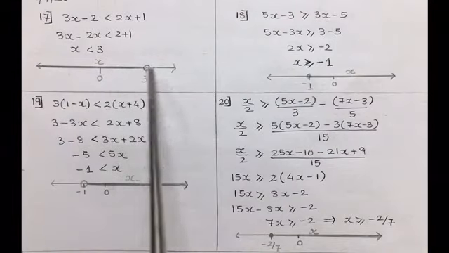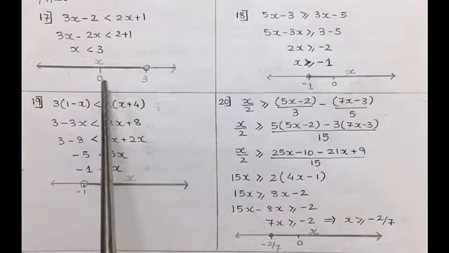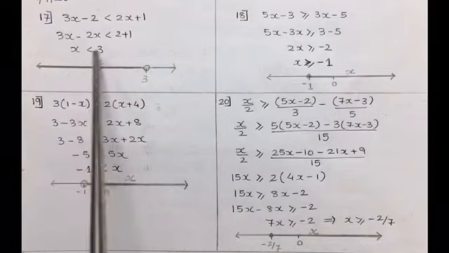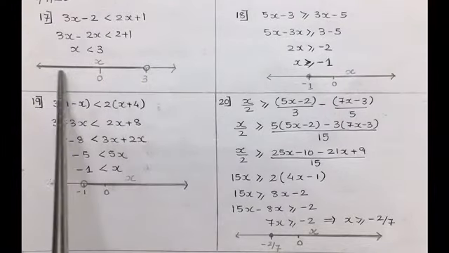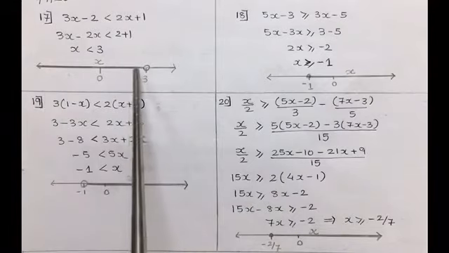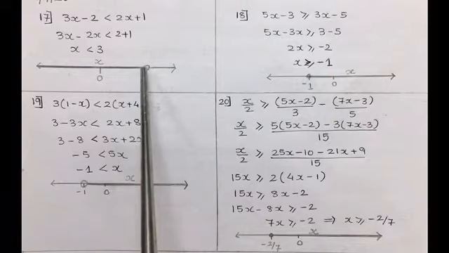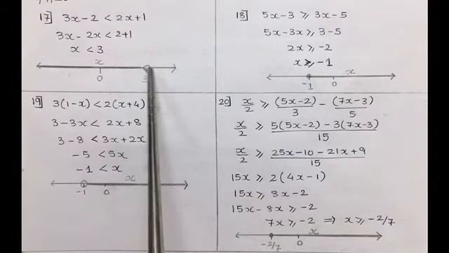Now plotting it on the number line, 3 is being kept here. x is less than 3 means we need to shade all that area which is less than 3. As 3 is not included, we have to draw an open circle here.